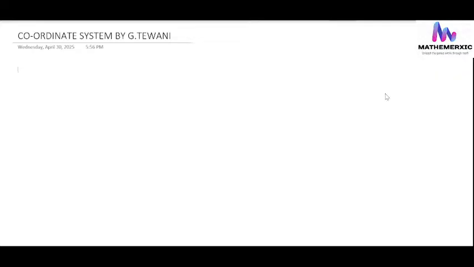Distance from x-axis is modulus of y, and distance from y-axis is modulus of x. X'OX is perpendicular to Y'OY. This system represents rectangular or orthogonal coordinate system.